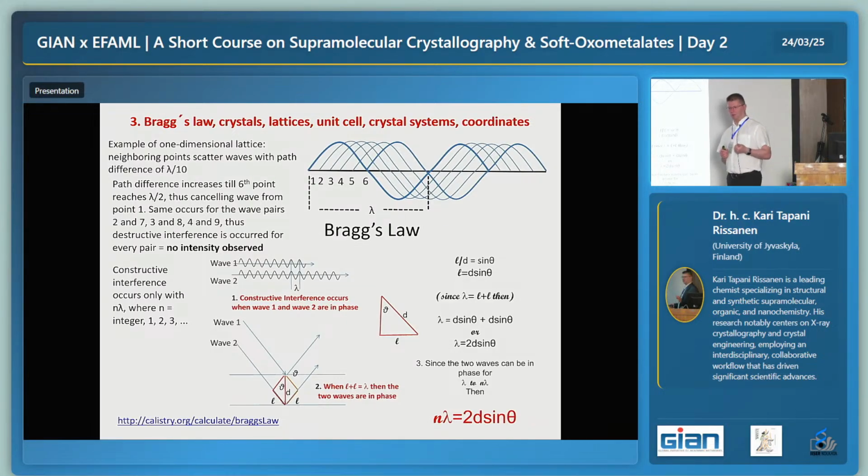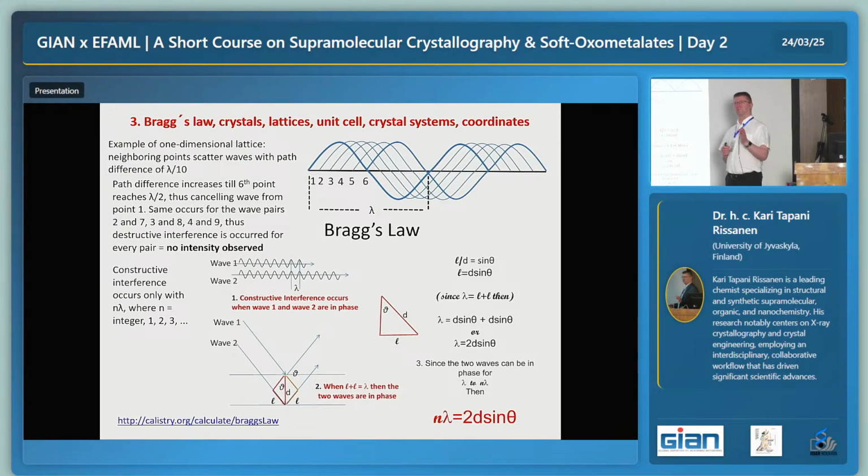And we were looking yesterday at the first important thing, which was the X-rays. So how to make X-rays and which device is used to make them, and then we can make them monochromatic. We know the wavelength of these is very important for Bragg's law. And then we develop this even further.